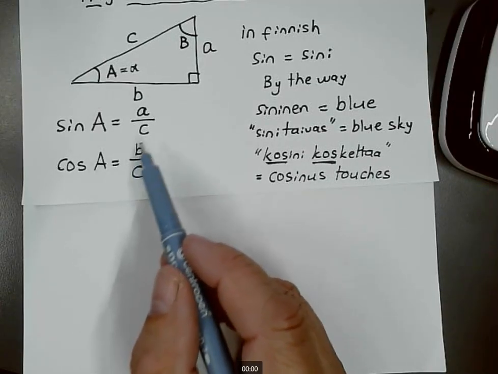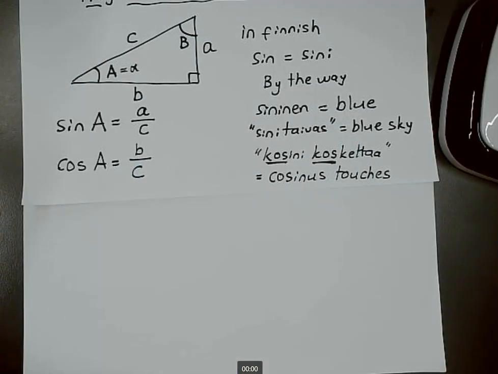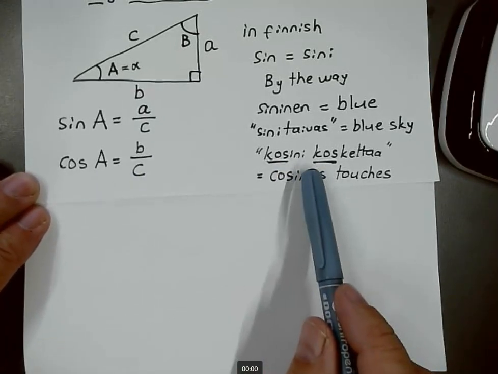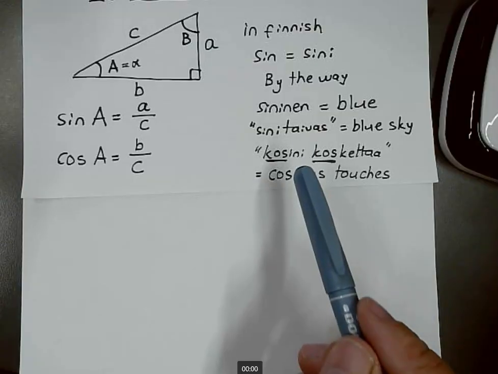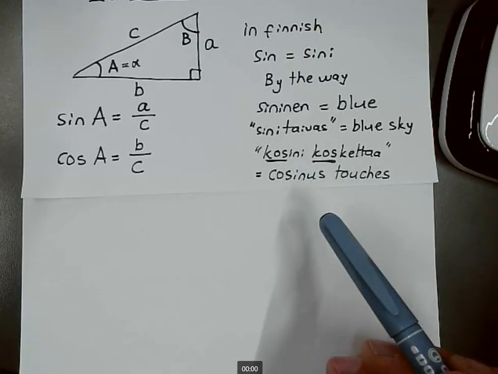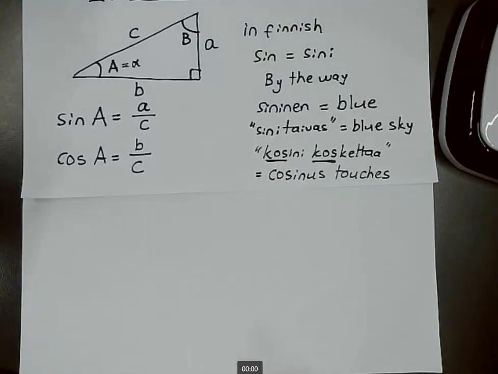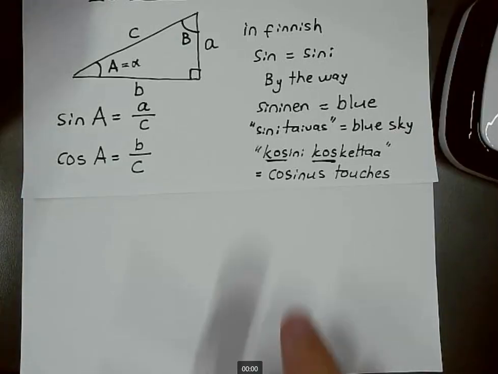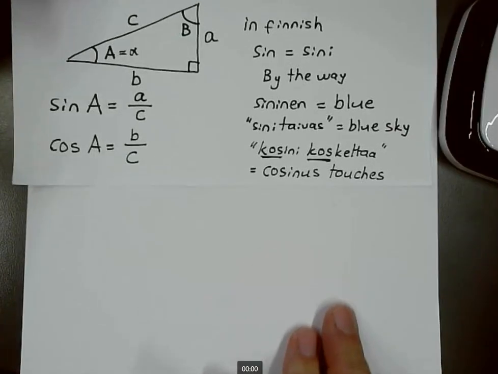Cosinus alpha equals B divided by C. That is the method by which, when I was studying these trigonometric functions for the first time, I learned this memory rule in Finnish, kosini koskettaa, cosinus touches.